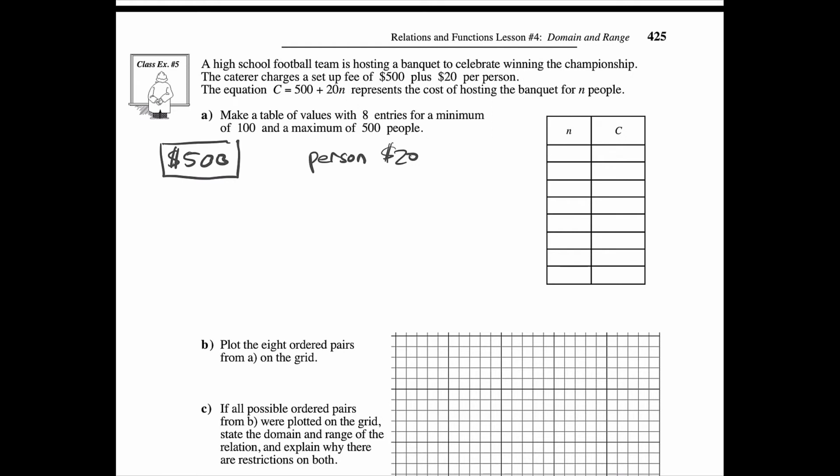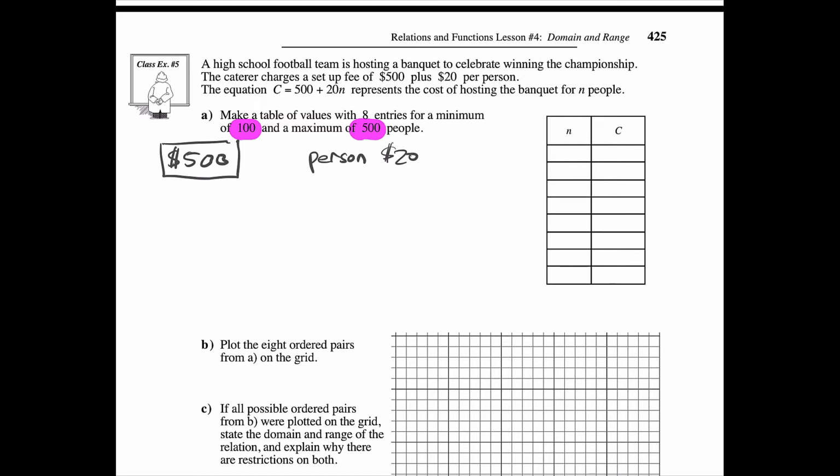And if we notice here in part A, it says we got a minimum of 100 people and a maximum of 500 people. So if you only have 50 people, the caterer is not going to take the job. It's just not enough, not worth the person's while. They're not going to make enough money. Basic business. And if there's 600 people, the caterer says that's just too many.